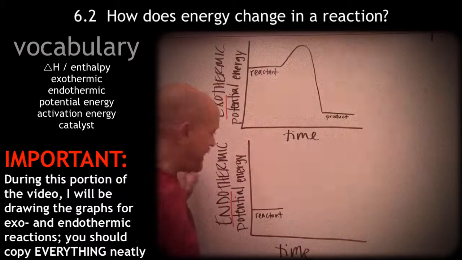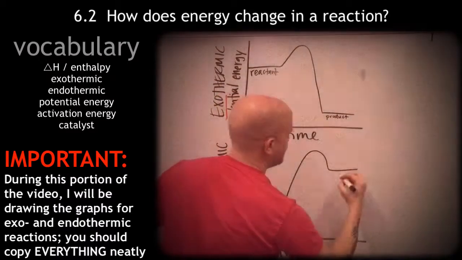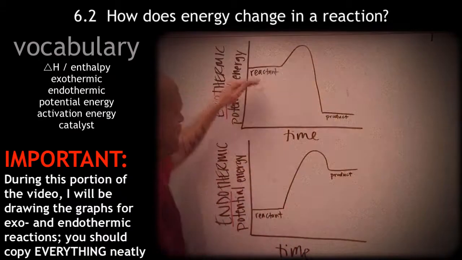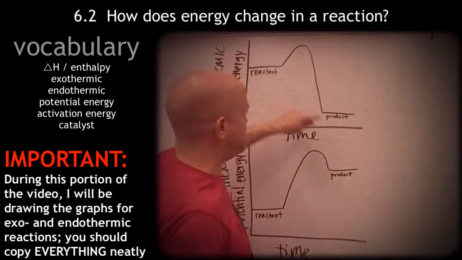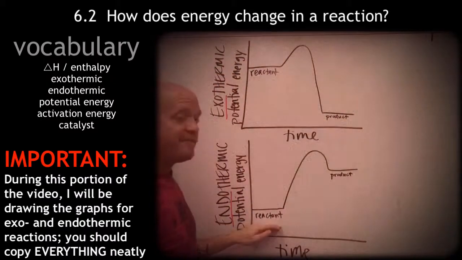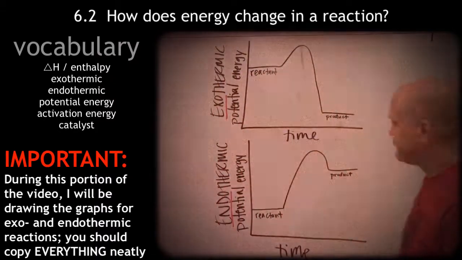With an endothermic reaction, it's going to look slightly different. In fact, it's going to look the opposite. So where we start out, the reactants have more energy than the products in an exothermic reaction, and the reactants have less energy than the products in an endothermic reaction.